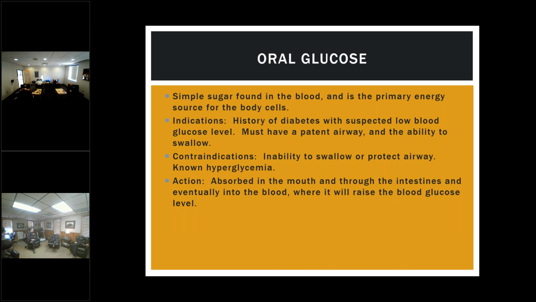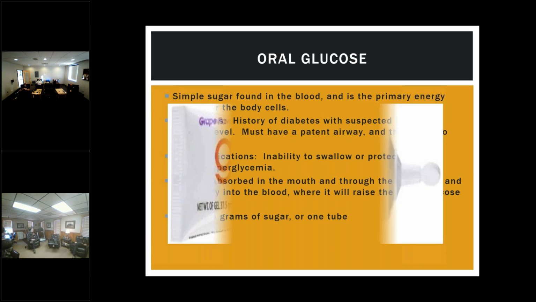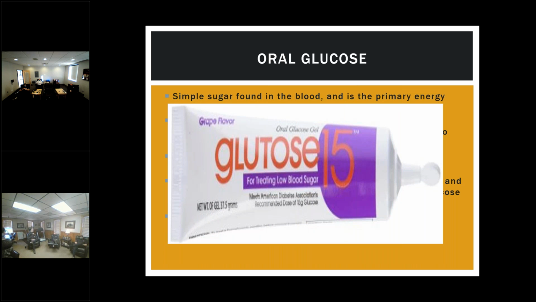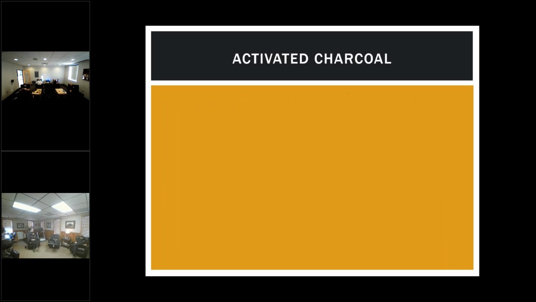It's going to absorb through the cheek. Sugar is going to enter the bloodstream. Hopefully that patient does have insulin production to uptake that sugar and then convert it into energy. Dose is going to be 15 grams. The route that we're going to give is orally.